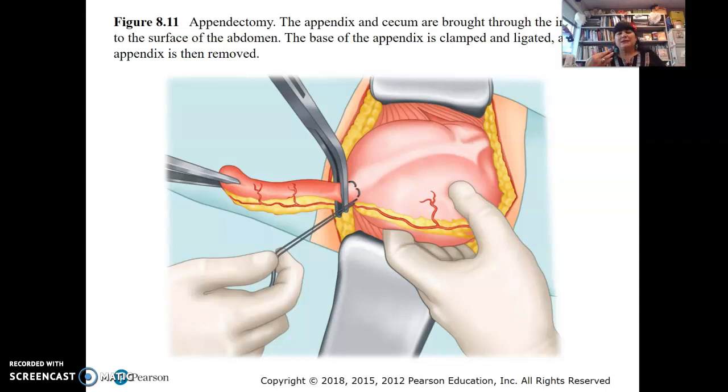Appendicitis is very, very painful, but if the appendix bursts, now the person feels relief. But that means feces are going all over their body cavity, and it needs to be taken care of, or they will die within, I don't know, 24 hours, 48 hours, because all those bacteria are going to get into and infect their body.